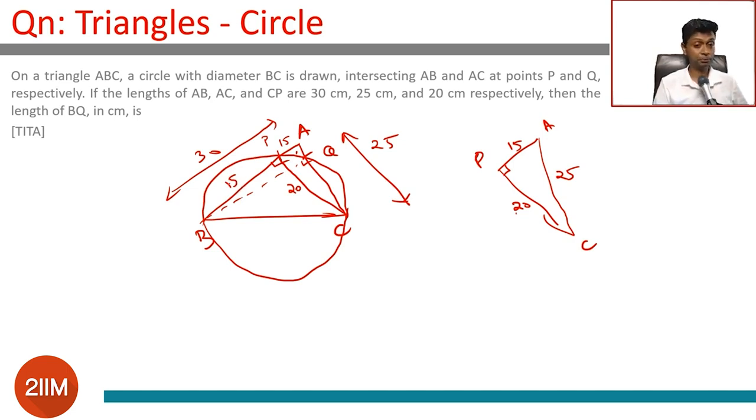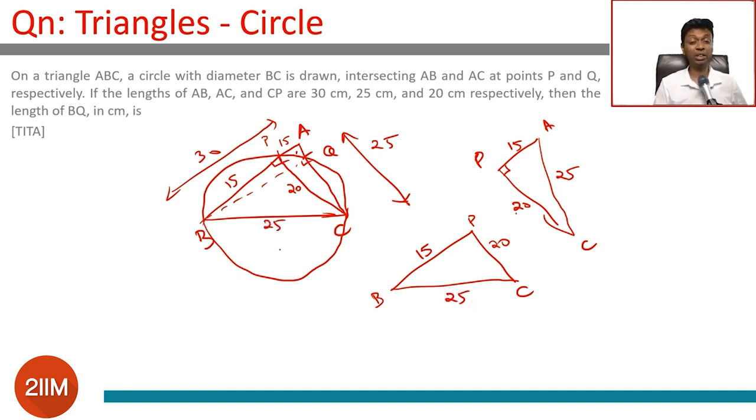So this is 15, this is 15, this is 20. Now I'm looking at triangle BPC. This is 15, this is 20, this should be 25. Wonderful. So we've got BC to be 25.